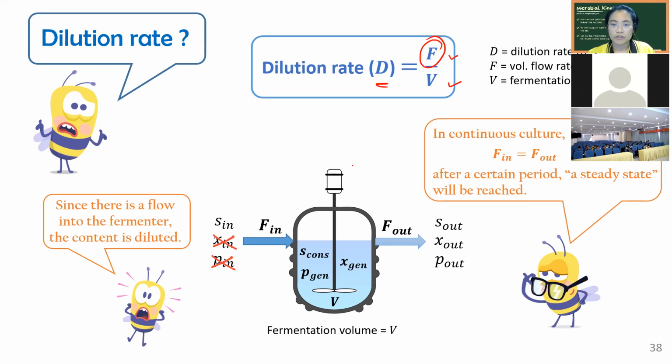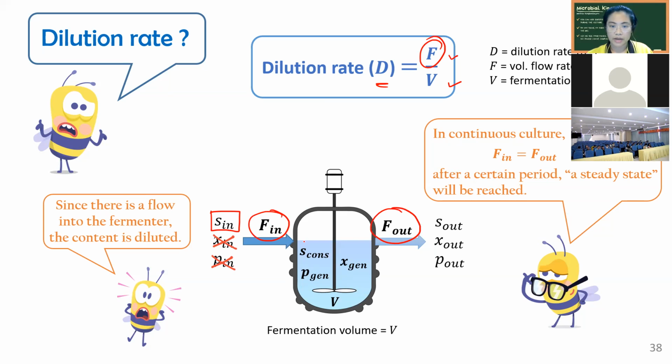And if you look at the picture, you see the flow of the general continuous culture. You have something flowing in, something coming out, which are equal. The thing that goes in normally contains a substrate.